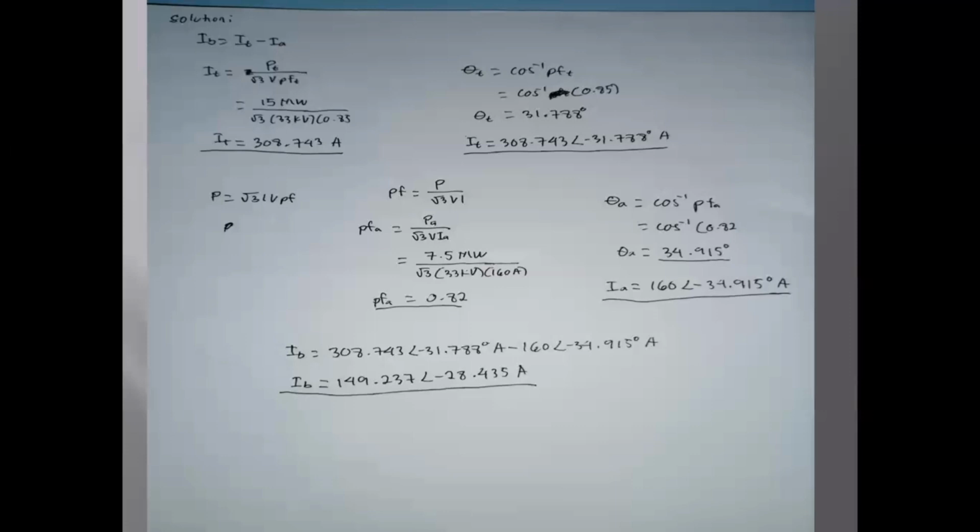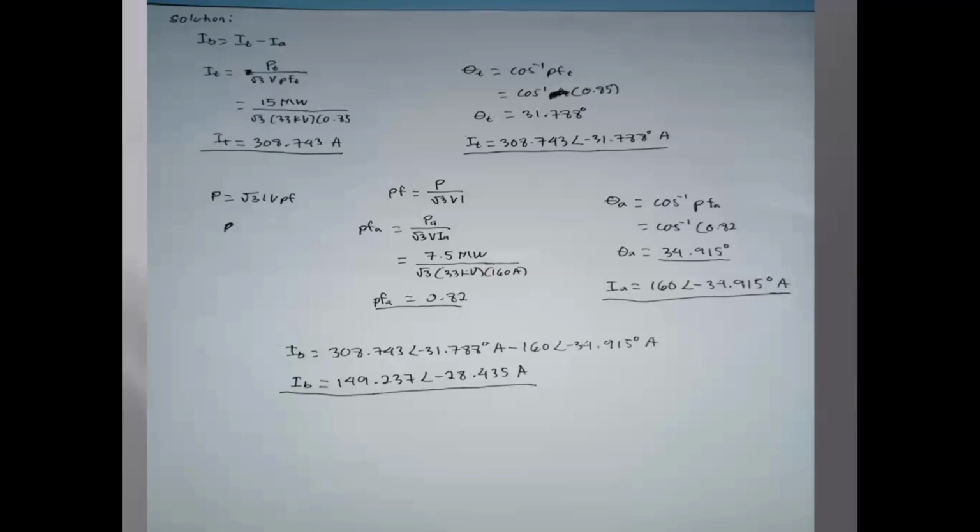For theta, the inverse cosine of 0.2 is 34.915. So IA is 160 angle negative 34.915 ampere. Again, it is negative because it is lagging.